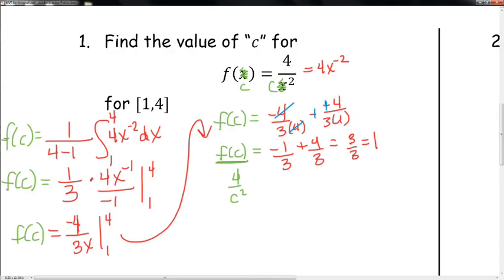And that's going to be equal to that mean value that I found using the integral. So I'm going to multiply by c squared, so I have 4 is equal to c squared. That means c is going to be either plus or minus 2, but I can't use minus 2 because it's not in my interval. And so c has to be 2.